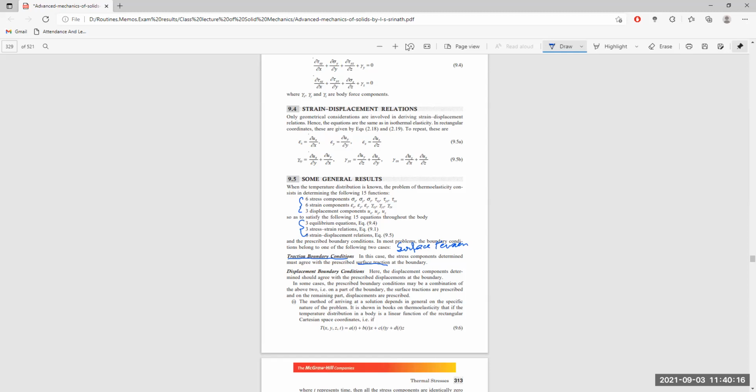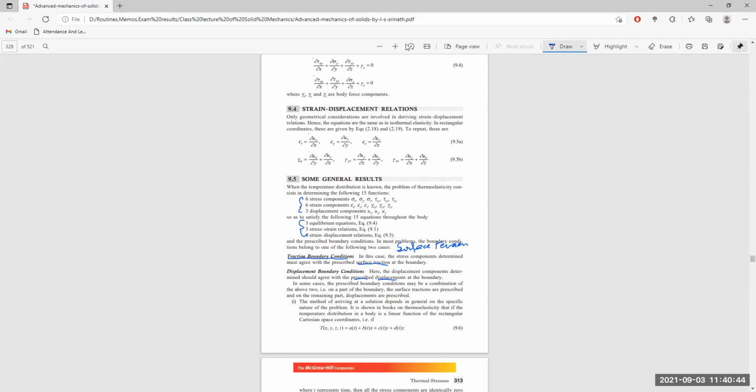It means the displacement components should agree with the known displacement at the boundary, because you can restrict the increase or decrease in dimension by imposing such restriction on the boundary only and nowhere else.